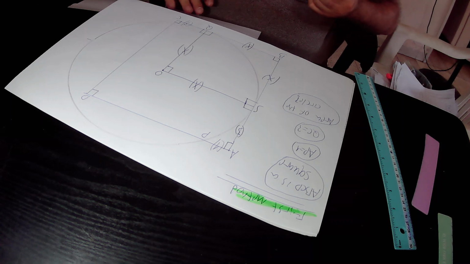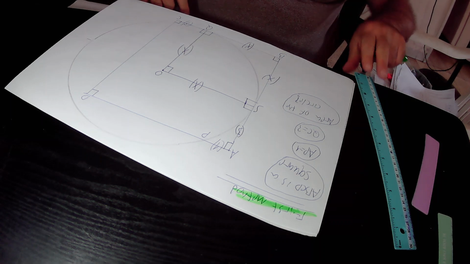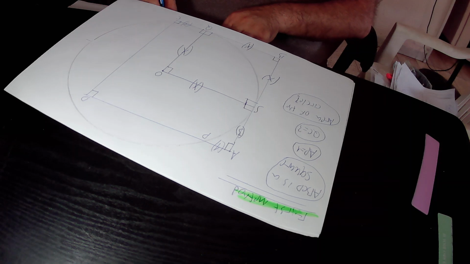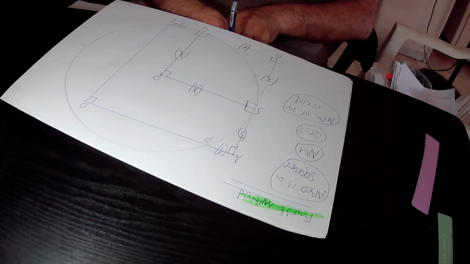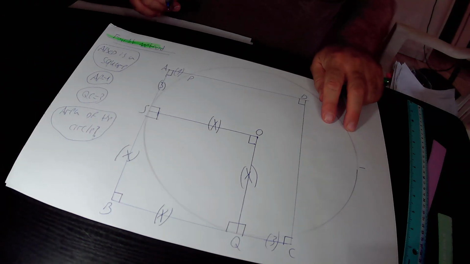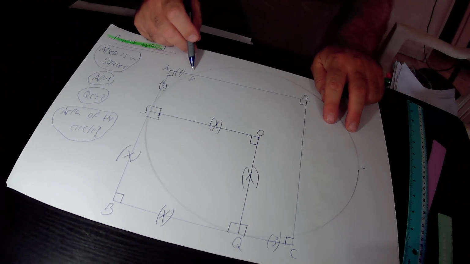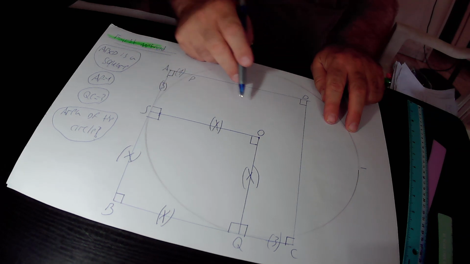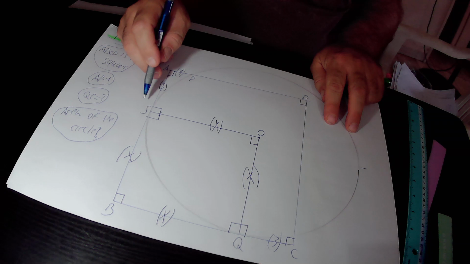In the next step, we will do a construction. That is to say, from this point P, we will draw a perpendicular to the radius SO.